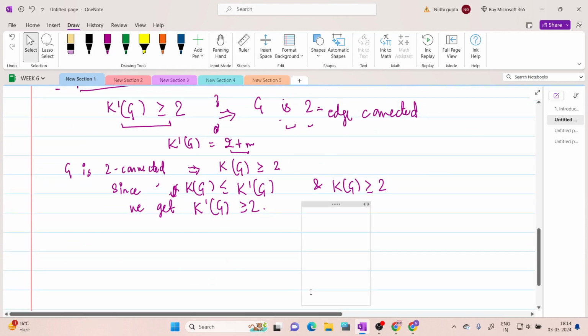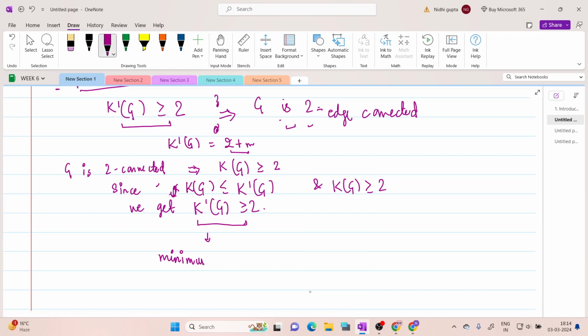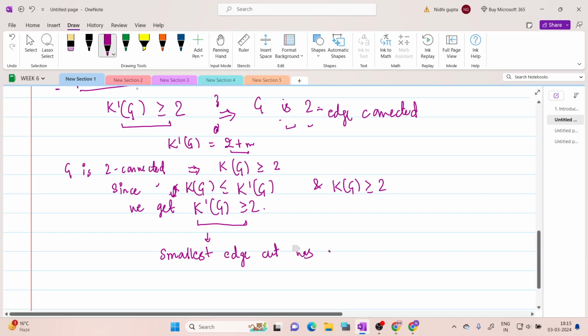So what is the definition of edge connectivity? It is the minimum size of a smallest edge set. So if edge connectivity is greater than or equal to 2, then the smallest edge cut has cardinality greater than or equal to 2.